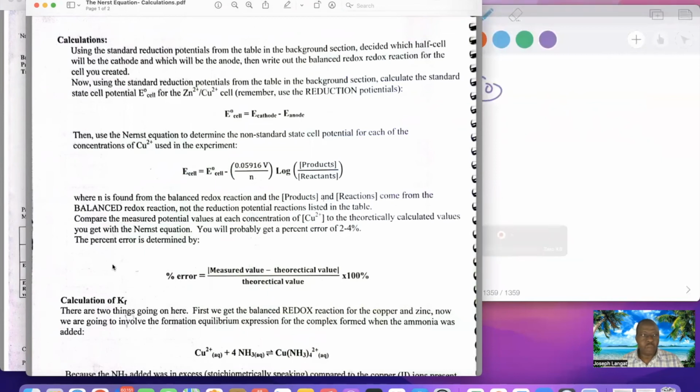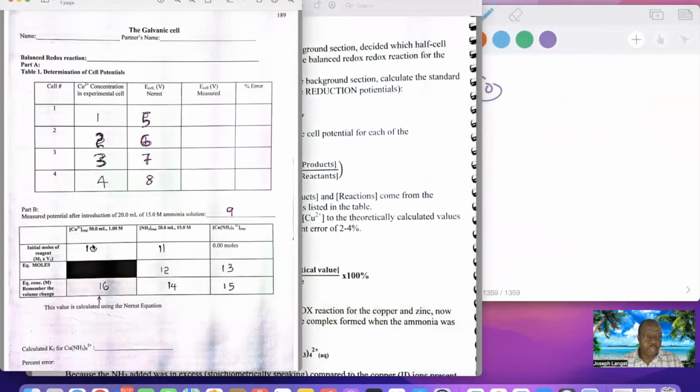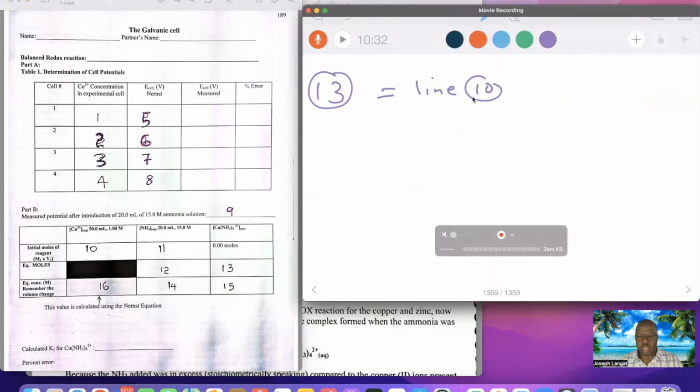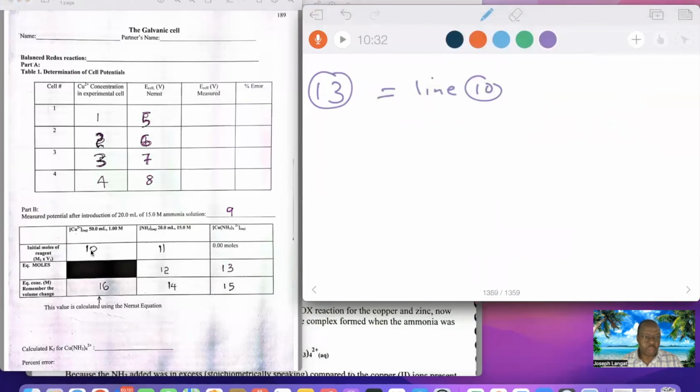So if I know line 10, what I started with for copper, I should know the number of moles for line 13. So line 13 equals line 10. Whatever number of moles you have will be the number of moles at equilibrium. If you look at the last column here, leave 16 alone first. Let's look at 14 and 15.